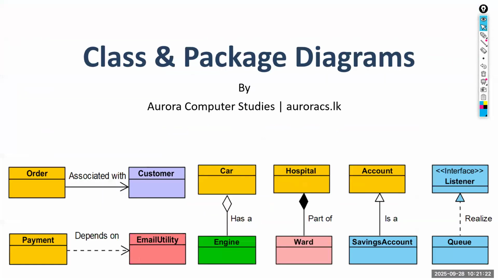So if someone asks what is the most important diagram in UML, there's no doubt it is the class diagram. Very rarely do we draw activity diagrams and state diagrams. Yes, these are in theory, but the most important for requirement analysis is the use case diagram.